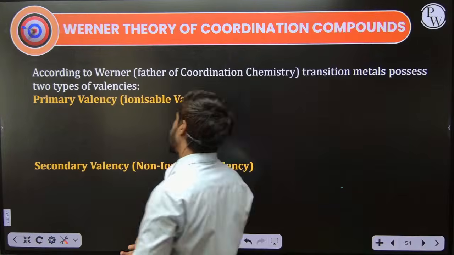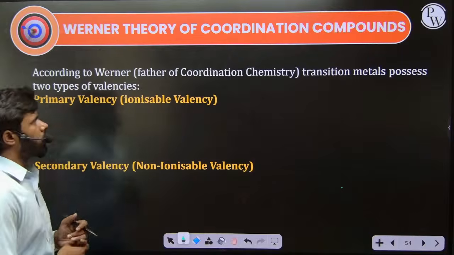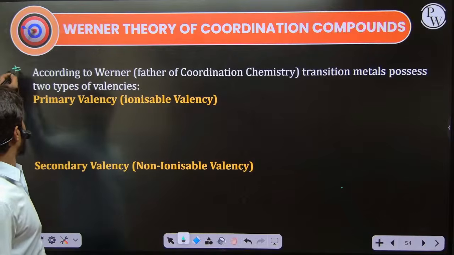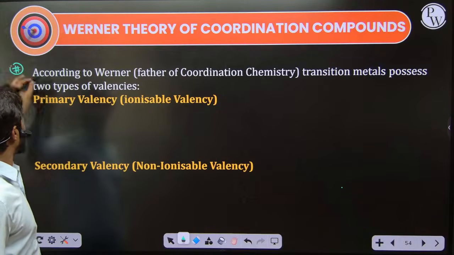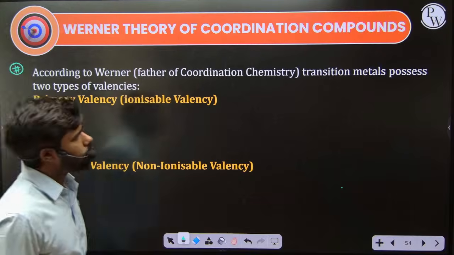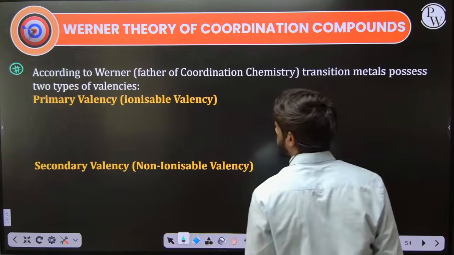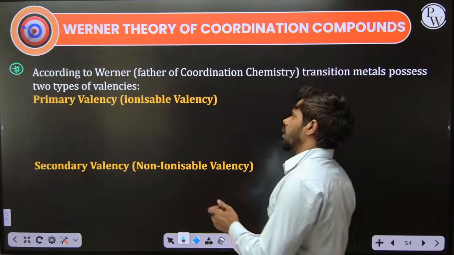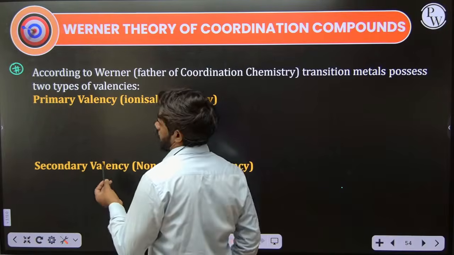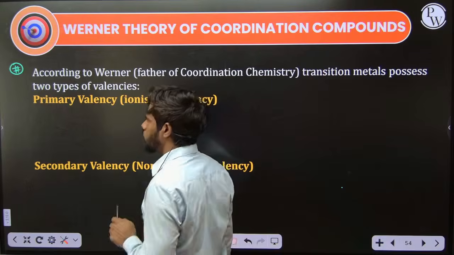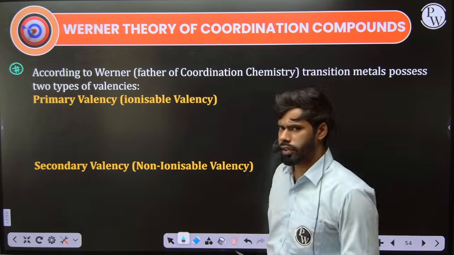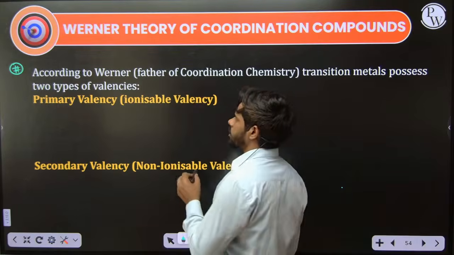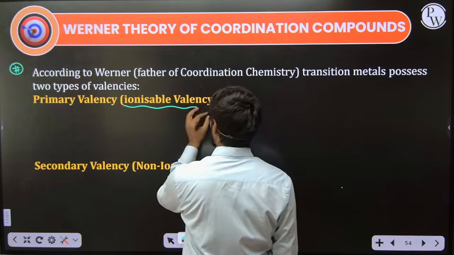First of all, the first theory about coordination compounds and their identification was given by Werner. He did an experiment and concluded there are two types of valencies. The first is the primary valency, which is known as the ionizable valency.